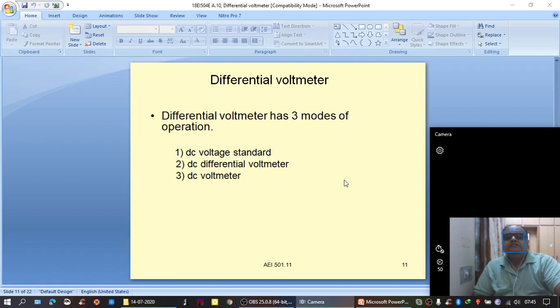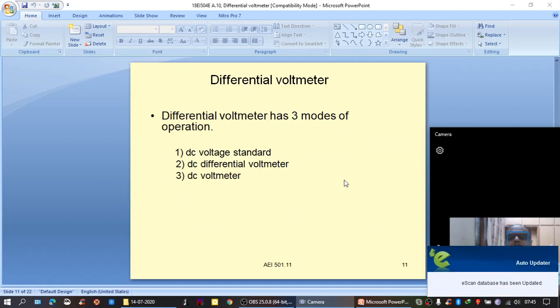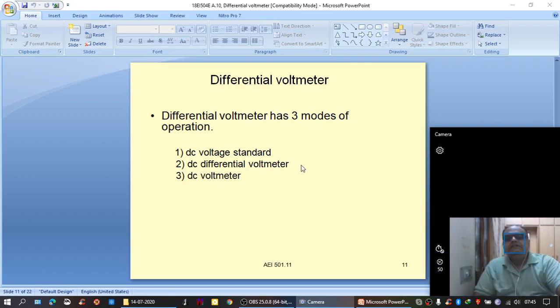Differential voltmeters have three modes of operation. In the first mode, it can be used as a DC voltage standard, and it can also be used as a DC differential voltmeter, or it can also be used as a simple DC voltmeter.